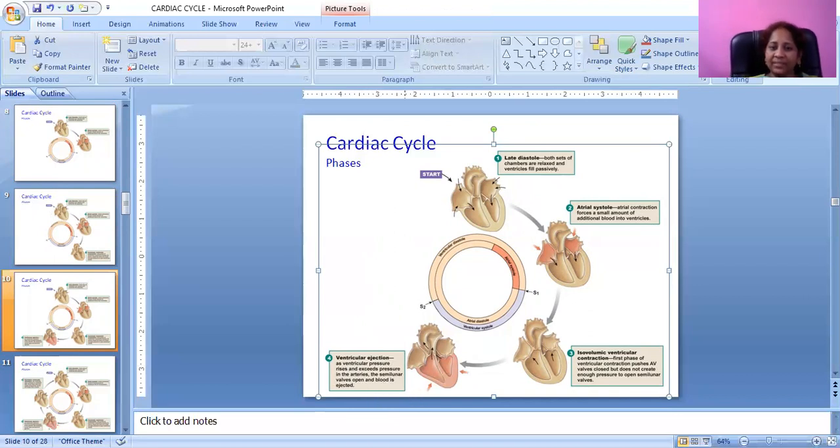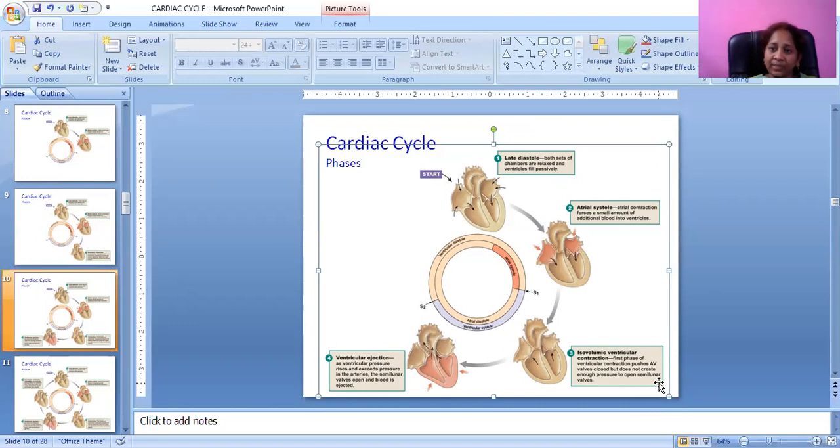Here is the first. What happens? In late diastole, both sets of heart chambers are in a relaxed state and the ventricles fill passively. In atrial systole, or atrial contraction, a small amount of blood is forced into the ventricles. Then the start is isovolumic ventricular contraction. When the ventricles contract, what happens?